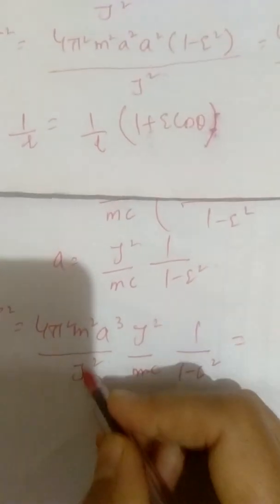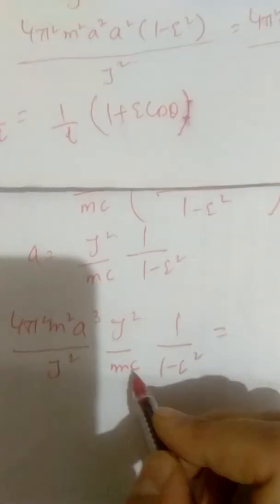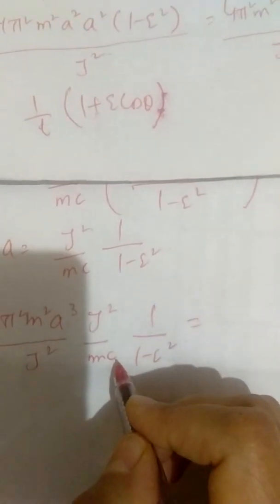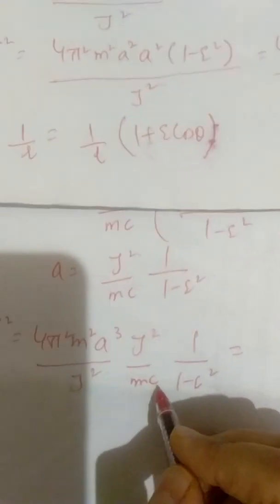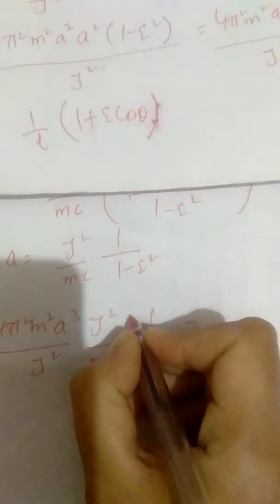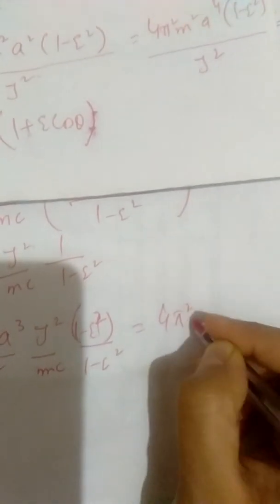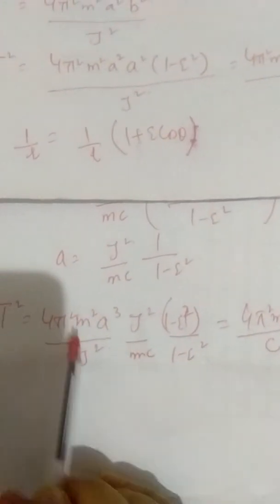So J square and J square go, right? m and m will go, right? So what else are you left with? Yes, we also have this 1 minus epsilon square term here. So finally you are left with 4 pi square m a cube by C. One of the m goes with this.